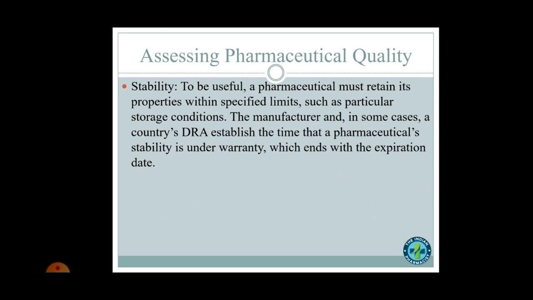A product's stability depends on the active ingredient, which can be affected by its formulation and packaging. Improper storage and distribution can lead to the physical deterioration and chemical decomposition that resulted in reduced potency and occasionally formation of toxic byproducts of degradation.